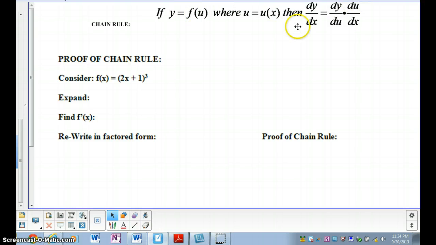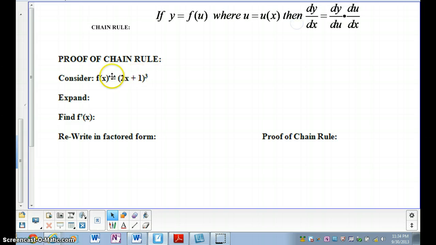Okay, so last little bit here, just to kind of prove the chain rule. Here's our definition of the chain rule. And if we consider this f of x as our 2x plus 1 to the third power, we can use the binomial expansion to expand that. To use the binomial expansion, our first item will be 2x cubed.